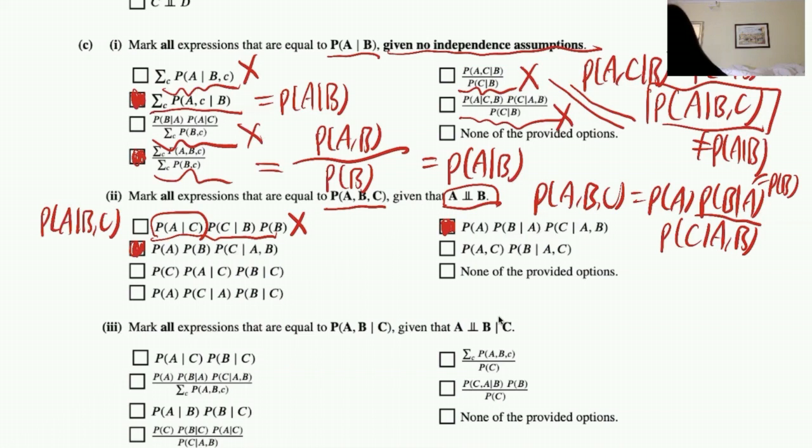Then for the fourth item, again, it is correct according to the chain rule. Then for the fifth item, let's see whether it is correct.